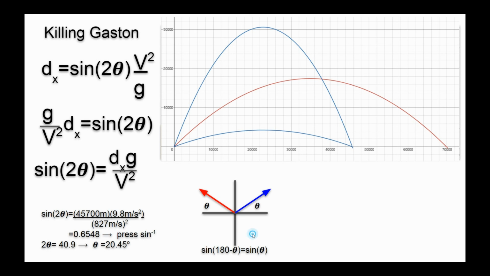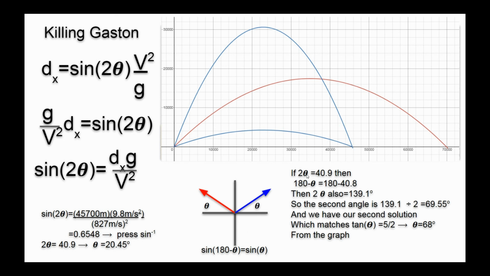So let's find it. If 2 theta, our original angle, is 40.9, then there will be an identical solution at 180 minus that angle. So 180 minus 40.9, yeah, I wrote it in wrong. Then twice theta is not only 40.9, 139.1 will work. So that is double the second angle.